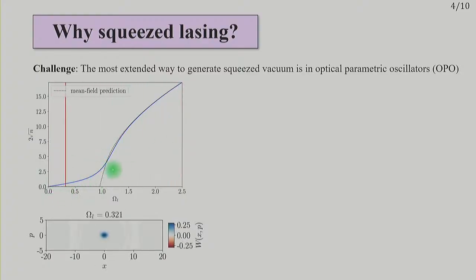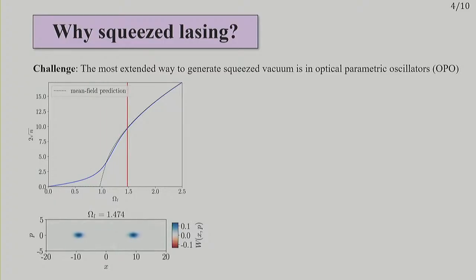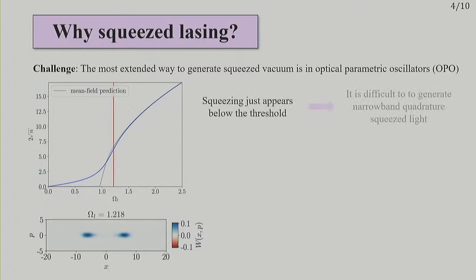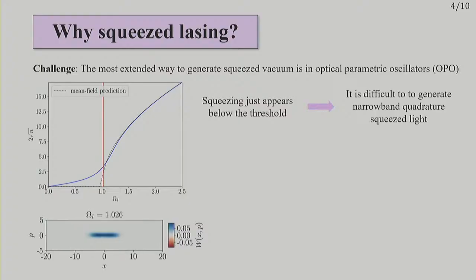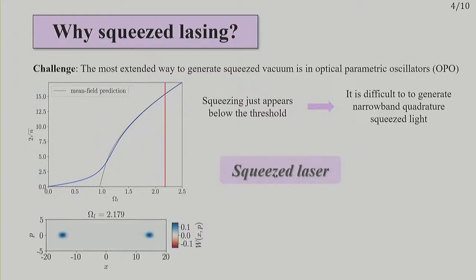When we penetrate within this regime, the squeezing is degraded and I get a mixture of two coherent states. So this is the problem. It is difficult in general to generate narrow band quadrature squeezed light. And here is where the squeezed laser could be a possible solution, okay?